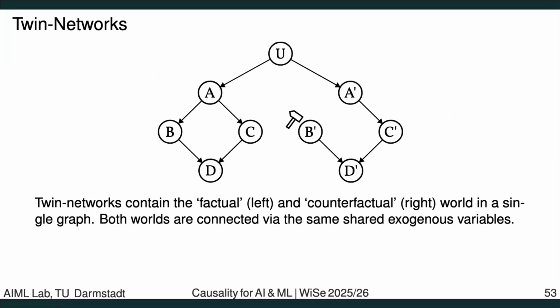If we have enough interventions so that we cut all the edges that go into U, then of course the result on D here will also be independent of U, right? So then there will also be no difference between the interventional case and the counterfactual case, because again, we cut all the influence of U on our target variable. So in these cases, also the interventional case and the counterfactual one collapse.